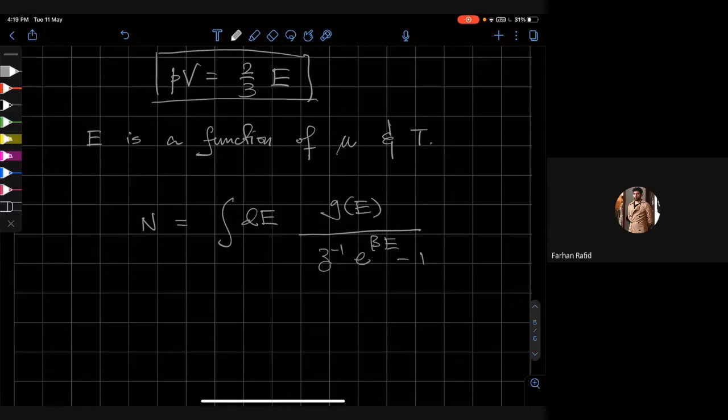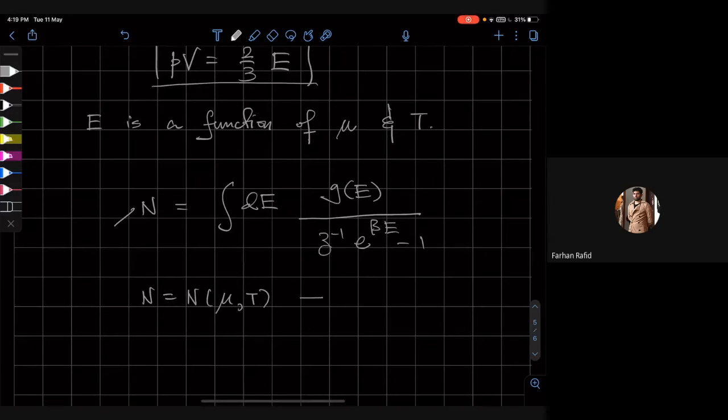Again, this is a difficult integral to do, but what I want you to notice is that n is now a function of mu and T. Suppose that we have done this integral.